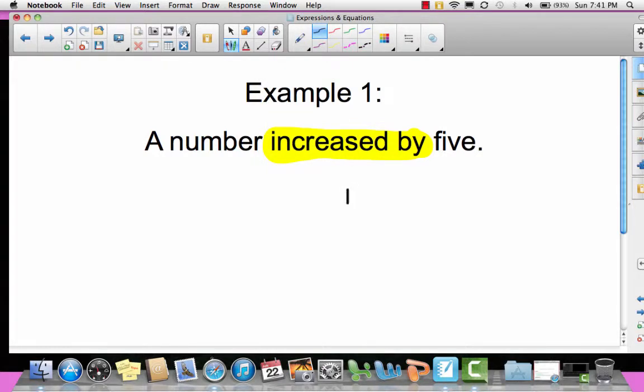So this right here is going to become plus. And well, 5 is going to stay a 5. And then I have a number. And anytime I see a number, that's what becomes my variable. So I'm going to choose x. So my sentence, a number increased by 5, translates into the expression x plus 5.